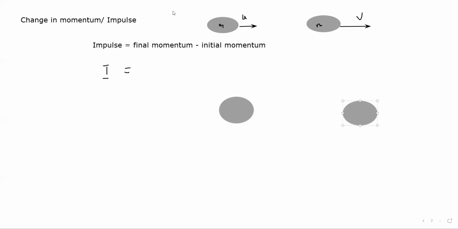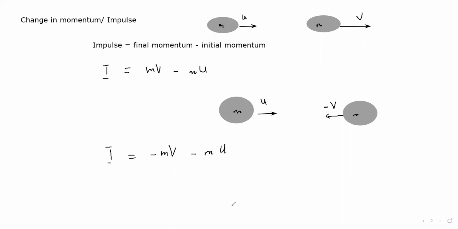If the object is moving towards the right with a velocity of u, it can bounce back after striking a surface. So the magnitude of the final velocity changes, but we take it as minus, because when the direction changes, it should be opposite. So for the first example, it is mv minus mu. But for the second example, the final momentum is minus mv, so the final minus the initial momentum is minus mv minus mu.